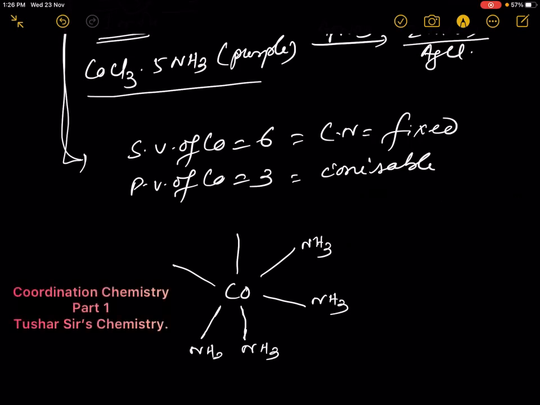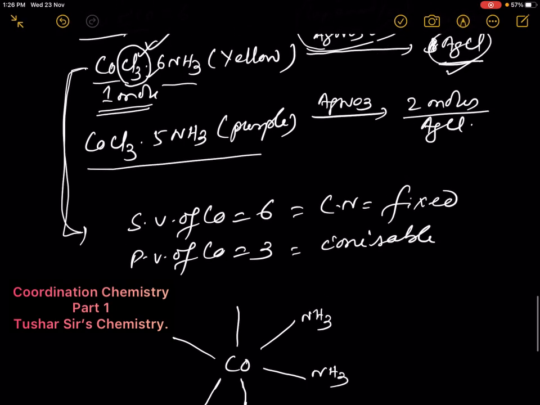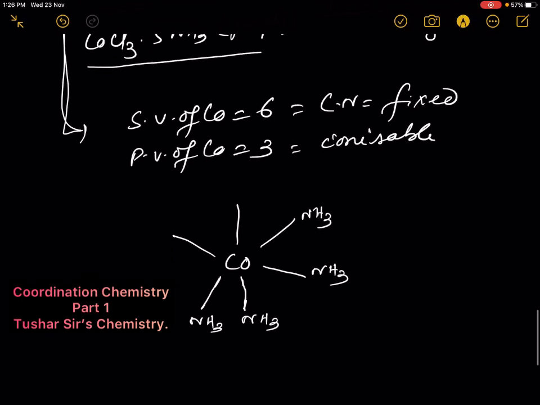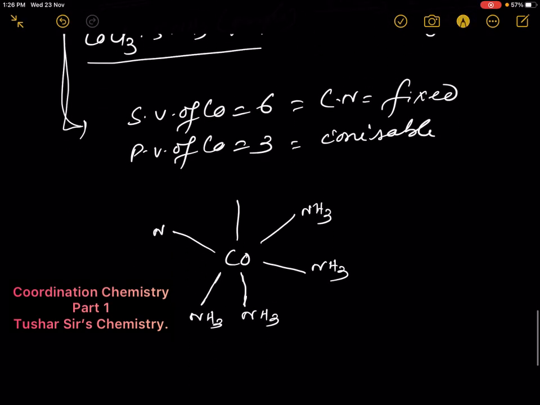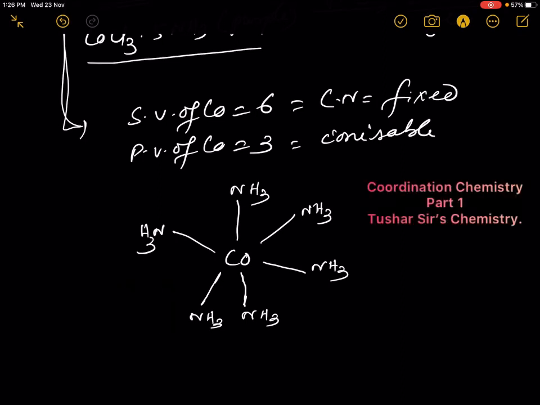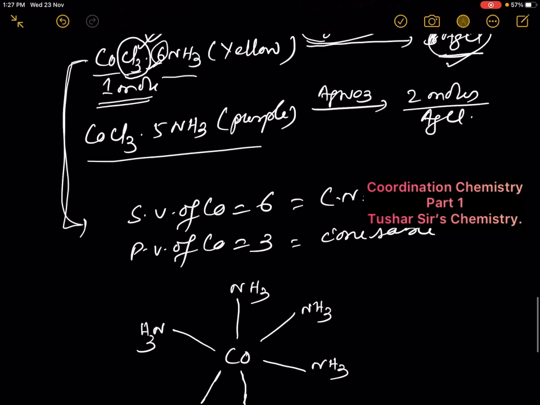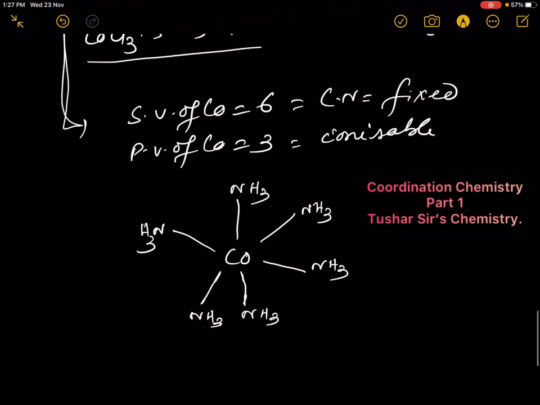Six ammonia molecules. These 6 ammonia molecules will form bonds with the central atom cobalt, and the 3 Cl atoms will form primary valency by dotted lines.